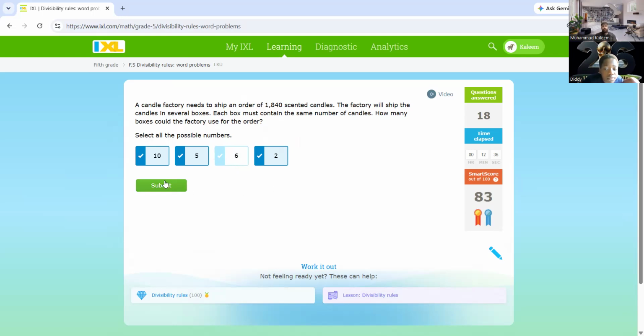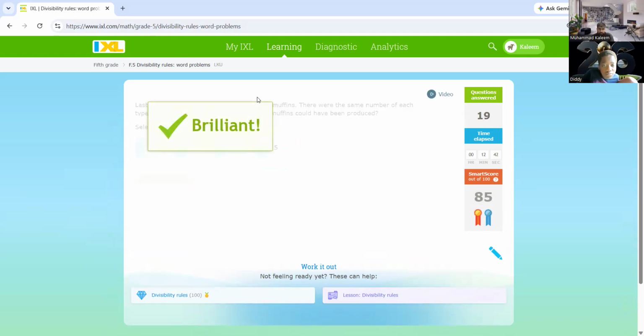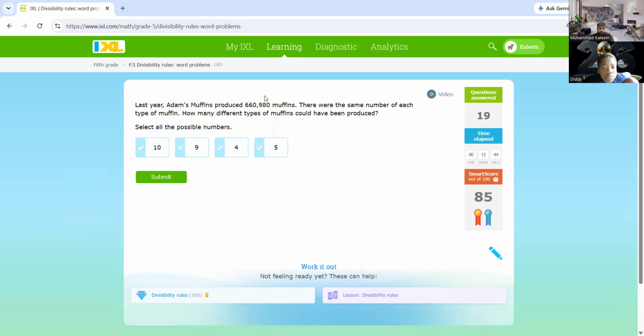No. Why? Because it's not divisible by 3. Obviously 5, 10. Is it divisible by 4? Not 9. So this is the answer. Yes, it is.